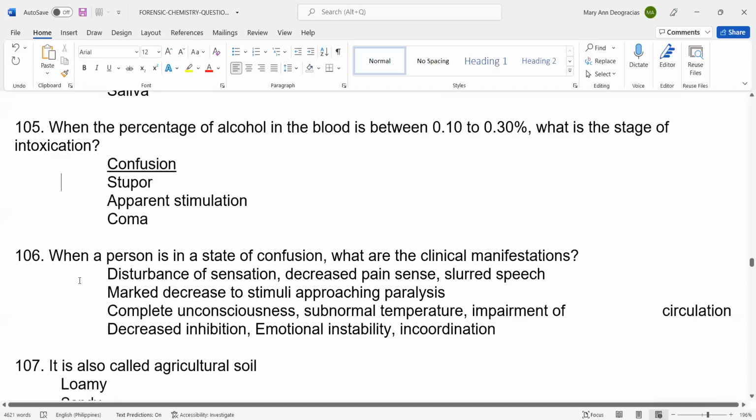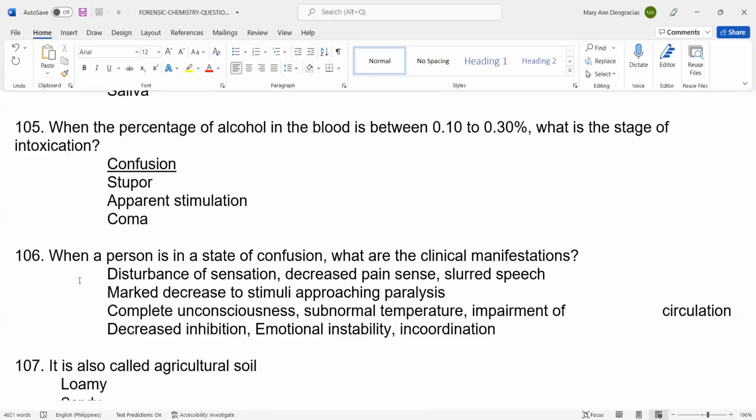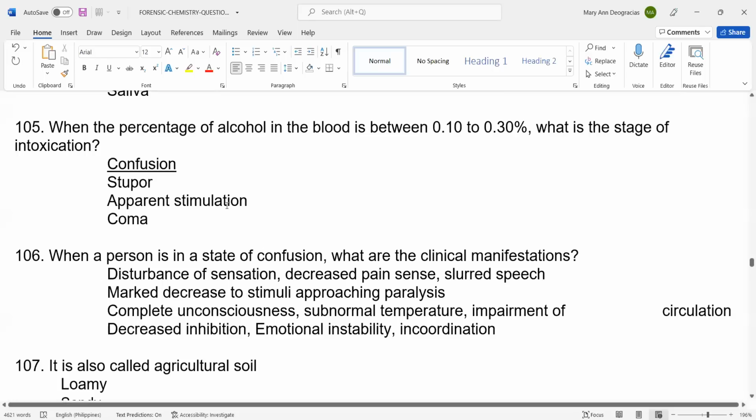106. When a person is in a state of confusion, what are the clinical manifestations? So, pag confusion yan, it's already, okay. Eto. A, disturbance of sensation, decreased pains and slurred speech. B, marked decrease to stimuli approaching paralysis. C, complete unconsciousness, subnormal temperature, hindi yan.